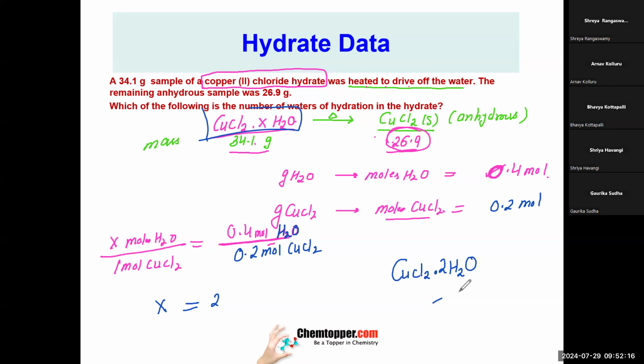So is this question clear? Because this question is a lab-based question. They will give you information as you are working in the lab. Like the way this question is on the top, you can see how the information is given. They will give you the mass of the sample of the hydrated salt, and they will say, okay, we have heated. This question is always there. When we have heated the sample, the mass is reduced to this much.